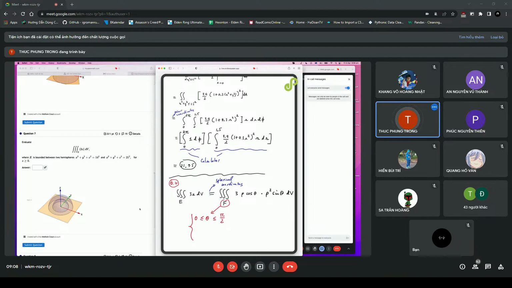Now let's see what we have for theta. In order to find the range of theta, you need to see the projection of the whole solid E onto the plane Oxy. You can see that if you imagine the projection of E onto Oxy, you will see we get this one. For my question, the radius is 21.